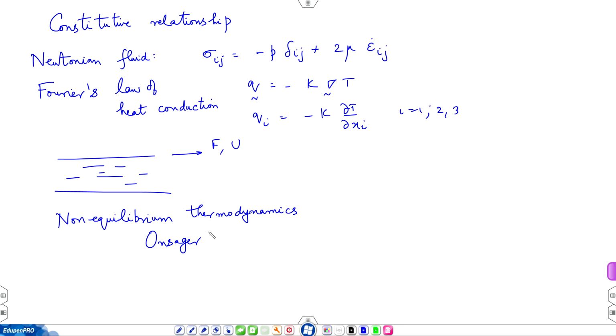Okay. So, Onsager showed that the entropy generation rate, which should be positive for a non-equilibrium. So, what is non-equilibrium thermodynamics? It is a situation where you apply a force and you get a flux. Okay, it is like applying voltage, getting current. It is exactly the same analogy.